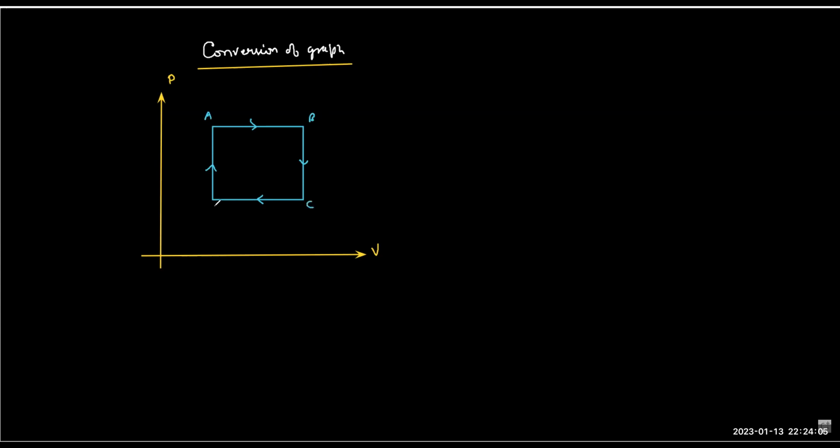You can easily identify that each process is either isobaric or isochoric. We have only these two processes, and you're supposed to convert this into a VT graph and a PT graph.